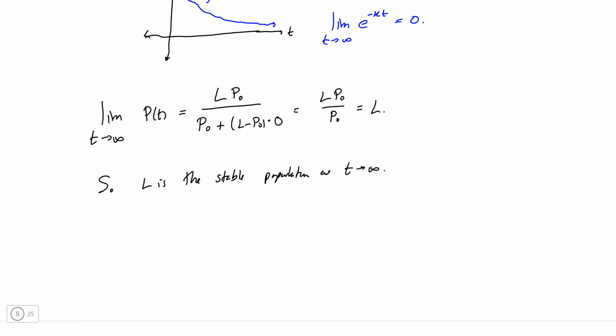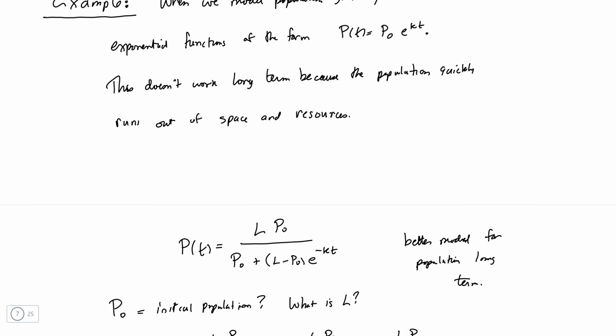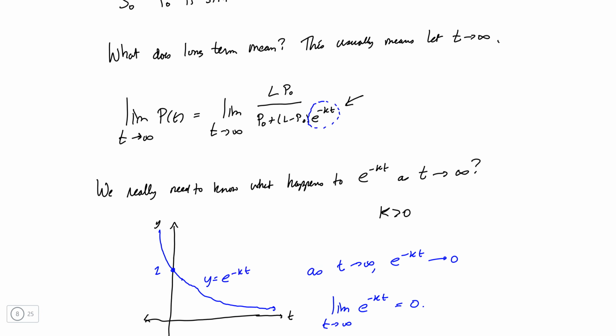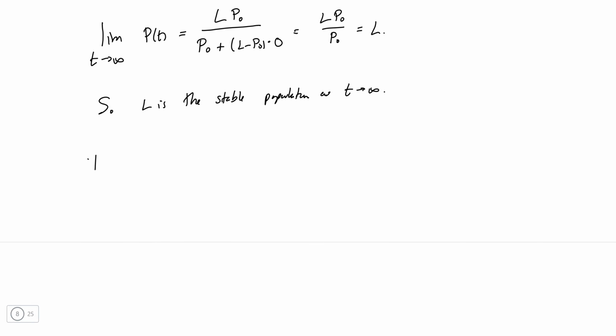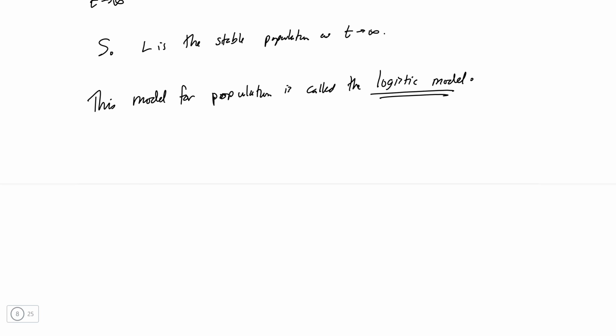So if we were to graph this, this is called the logistic model. I didn't say this above. If you take any biology, you're likely to see the logistic model show up. So let's graph what that looks like.